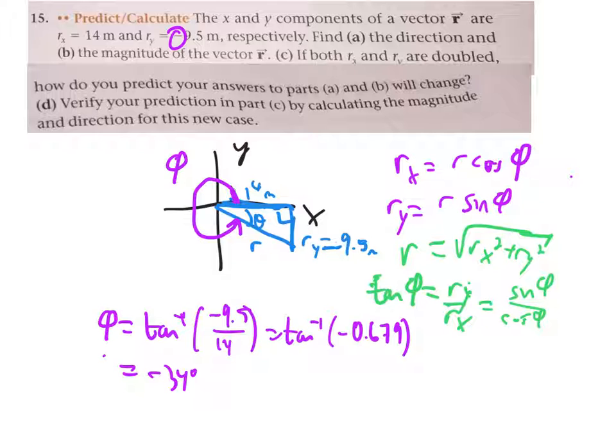Although it's not the angle I had drawn up there. To get the angle I had drawn up there, I'd have to take its partner from 360, so I'd actually add the 360 to get back into positive angles. And I'd say the total angle was 360 plus negative 34, or 326 degrees, measured counterclockwise from the plus x-axis.